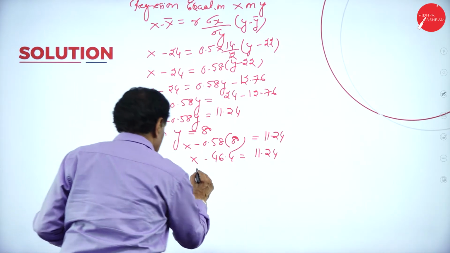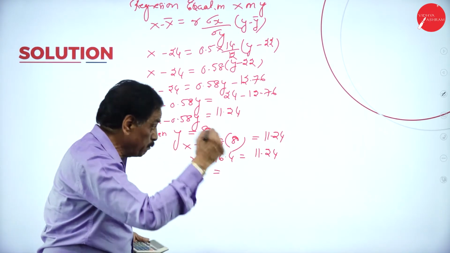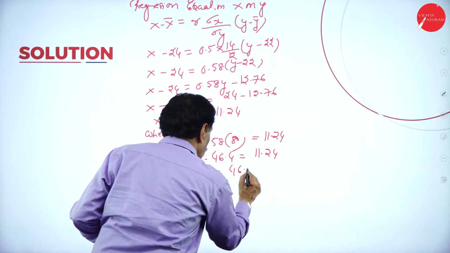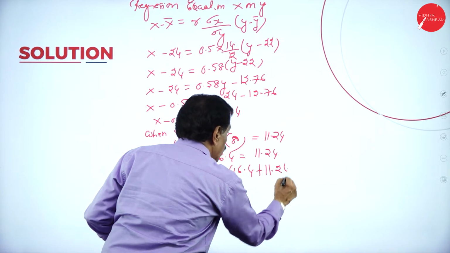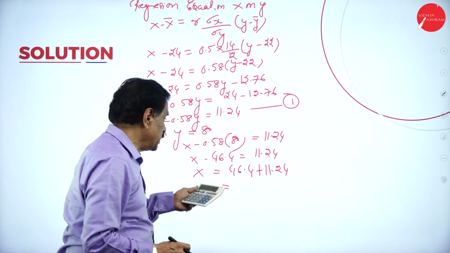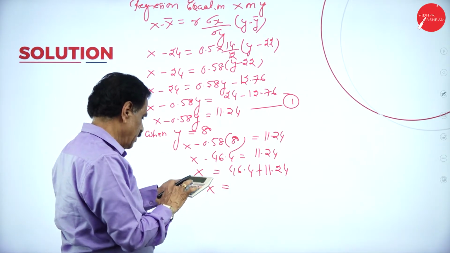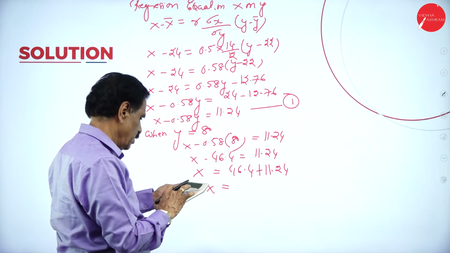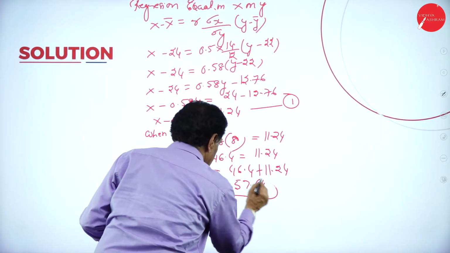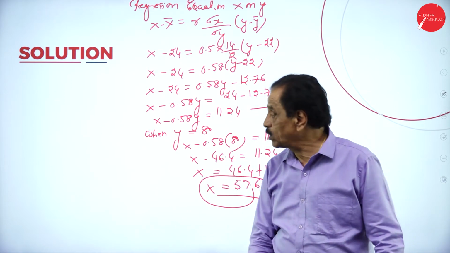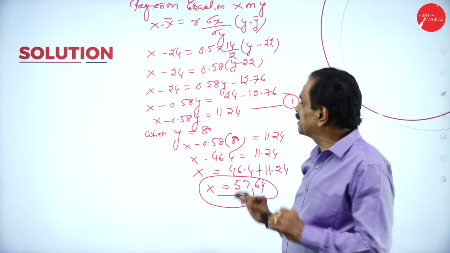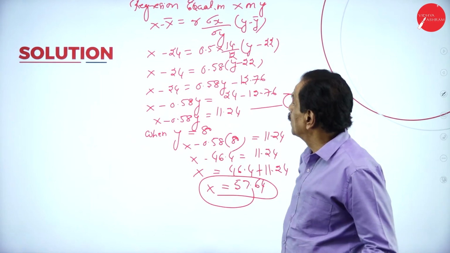You take the figure that side: minus becomes plus, and if there's a plus, it becomes minus. X is equal to 46.4 plus 11.24, which is 57.64. That's the answer. So we found the value of x when y is equal to 80. Simplify, you have to update. That's all. Now, next one.